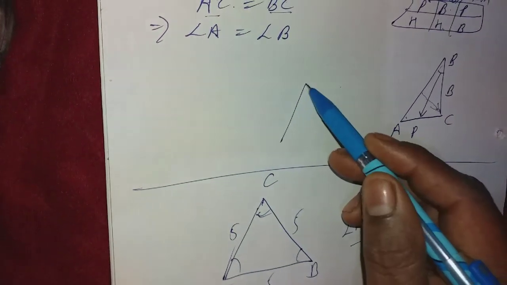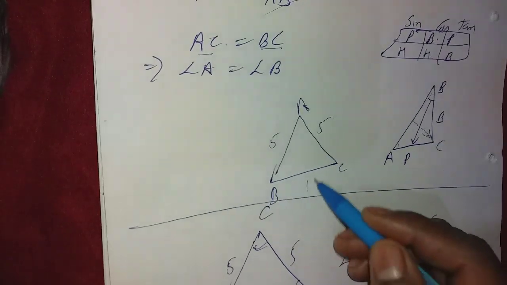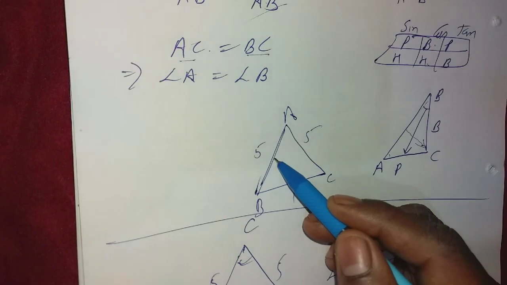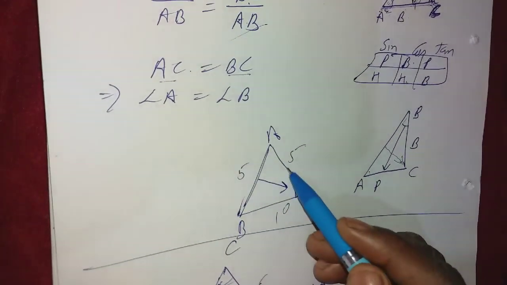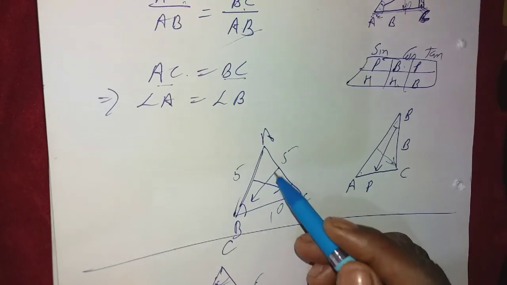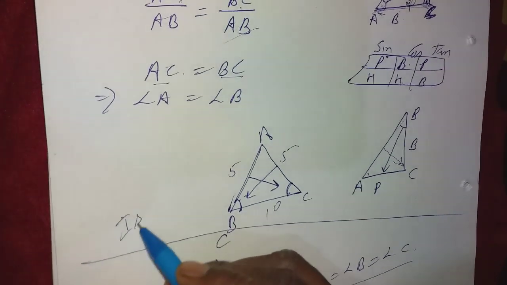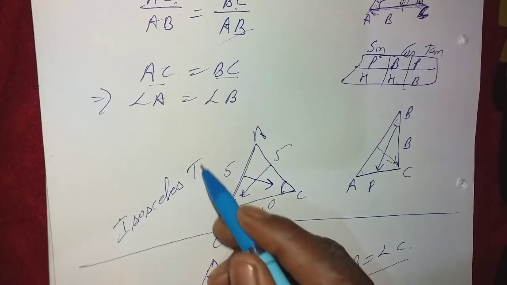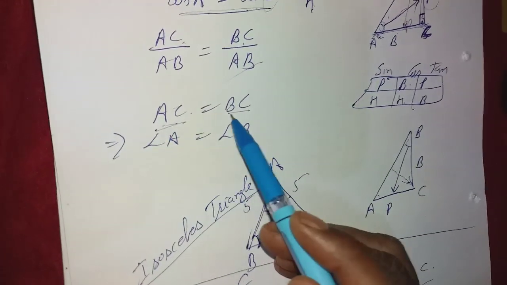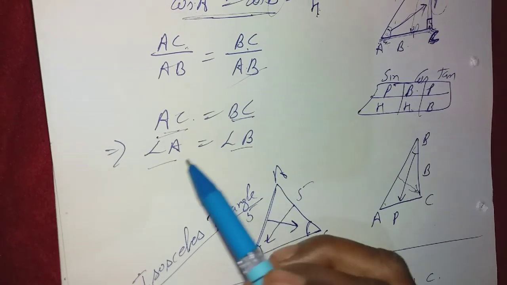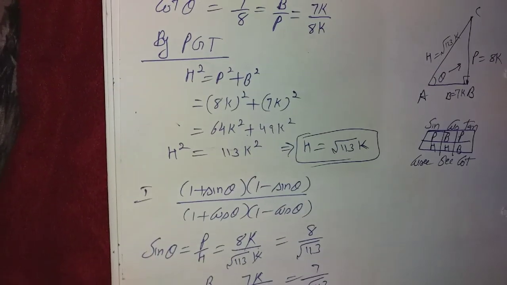If any triangle contains two sides the same, then its opposite angles, here C and B, both will be the same. It is called an isosceles triangle. So same in this, two sides are the same, therefore the opposite angles are equal. So this question is complete. Now next question, seventh.